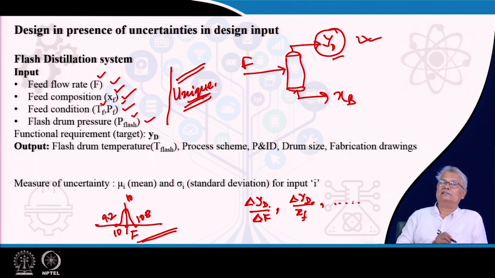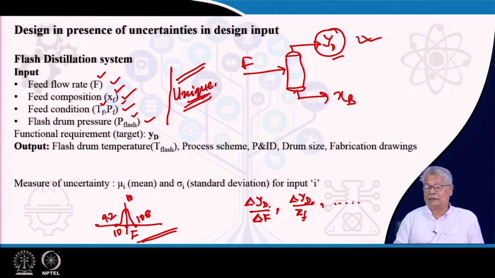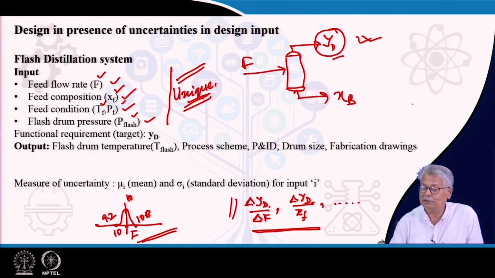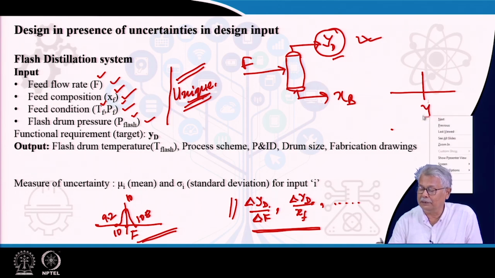As long as the changes are small, it is easy and it is linear, and you can very easily either do a simulation or repeat a hand calculation and you find out. But if you are finding that all these changes are not much affecting your YD, what you expect to get is a YD which will have a distribution something like this. This basically is your YD.